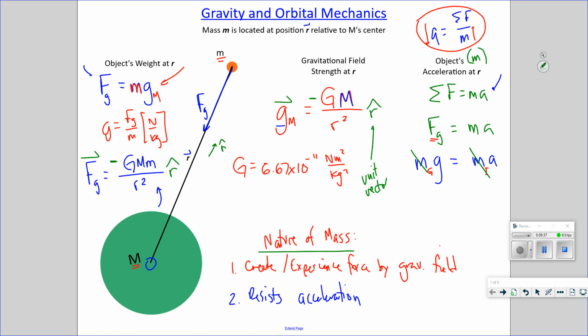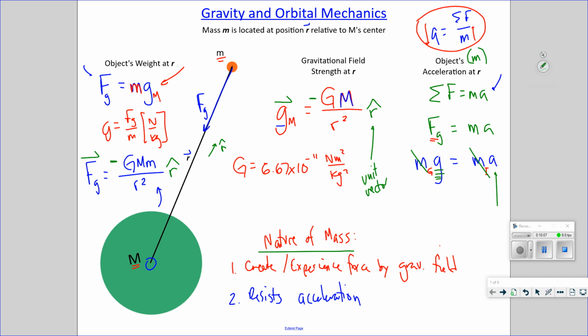But again, we can take two objects of any different mass and drop them in the same gravitational field, and they will have the exact same acceleration. And again, that yields some truth to the fact that gravitational mass and inertial mass are actually equivalent. And so, if we know the strength of the gravitational field that an object is in, we know how fast the object will accelerate.